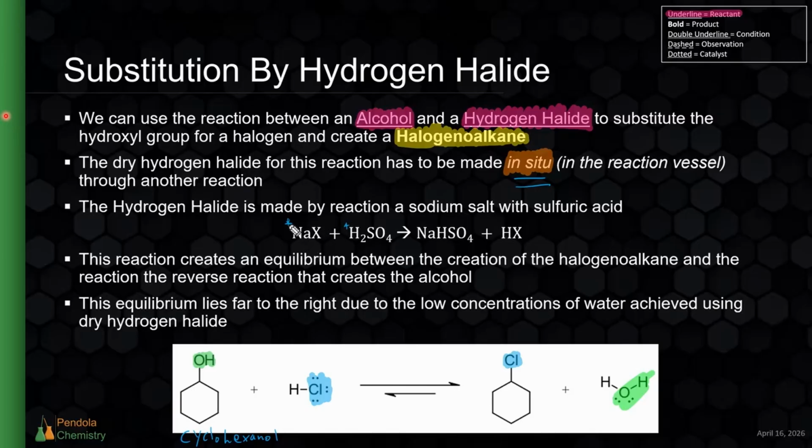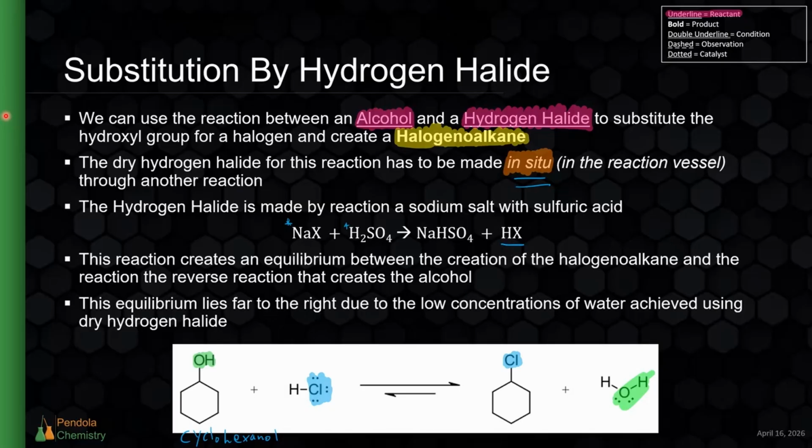When we react that sodium halide with sulfuric acid, as we saw in earlier inorganic chapters, what's going to happen is that we'll create the sodium bisulfate ion, compound that we see here, and a hydrogen halide.